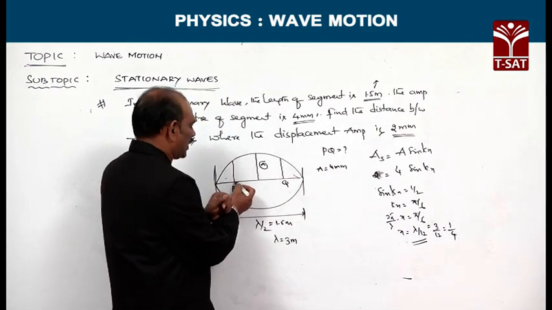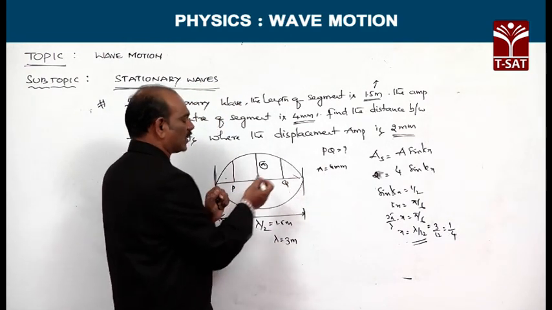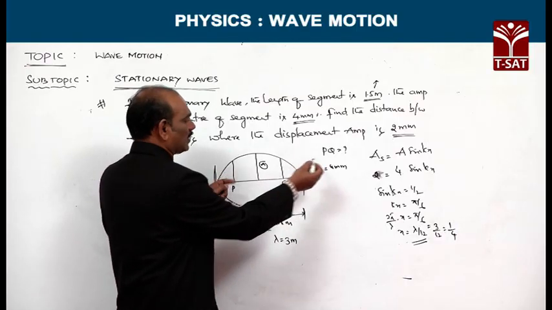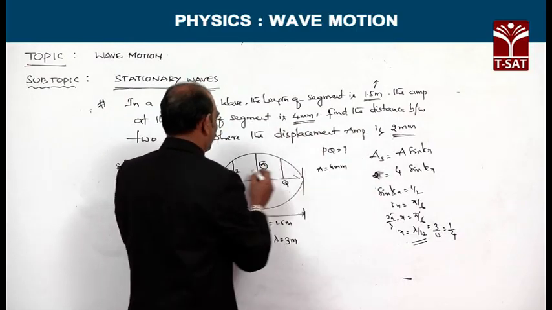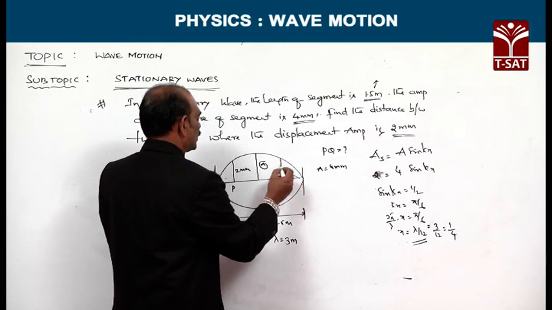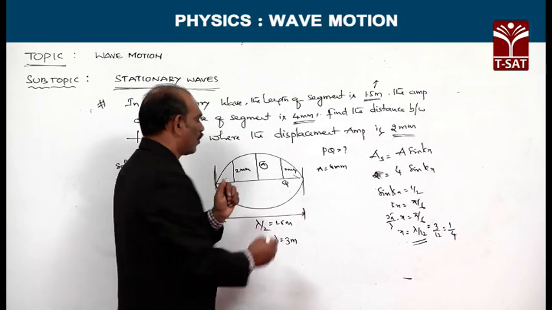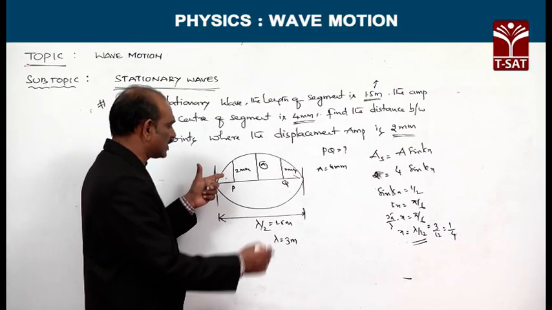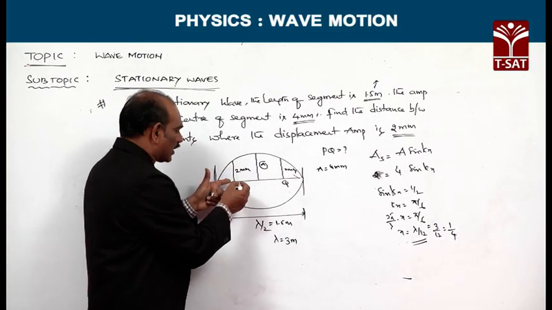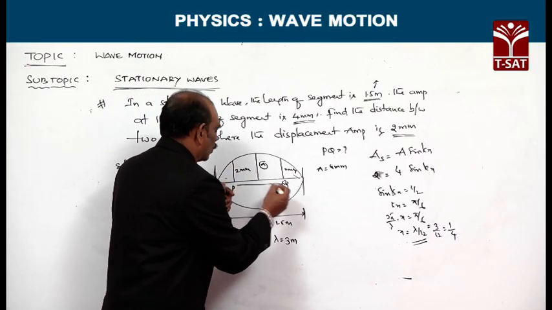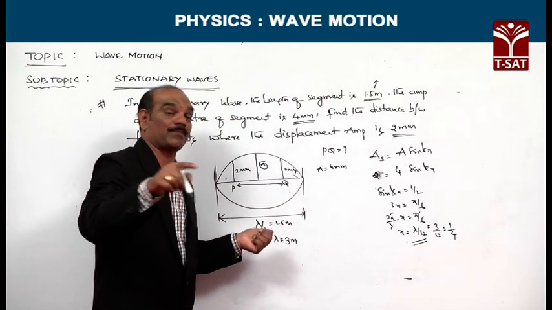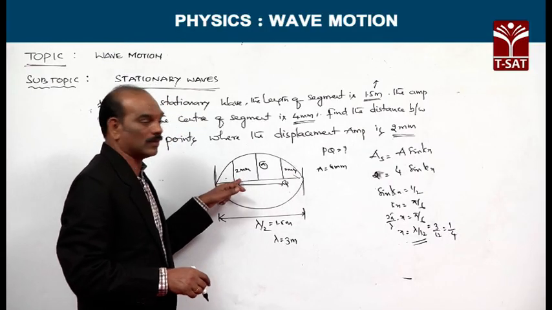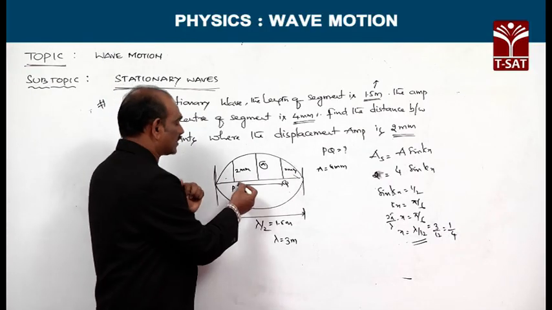So P and Q are the two points which have displacement amplitudes of 2 mm. Now in the problem, what is he asking? He is asking us to find the distance between P and Q, the two points whose displacement amplitudes are 2 mm each.